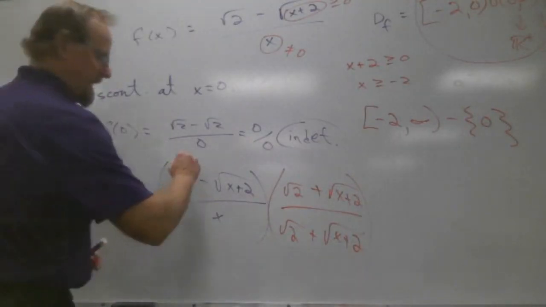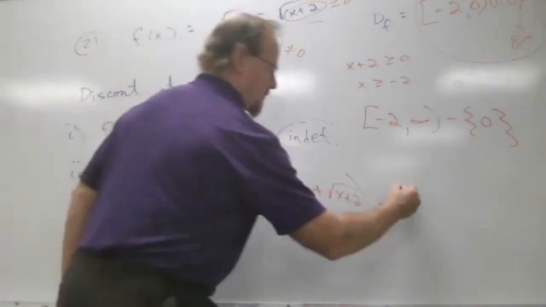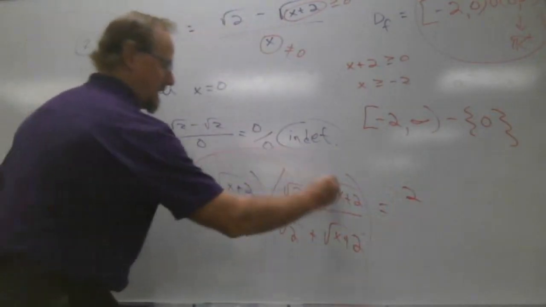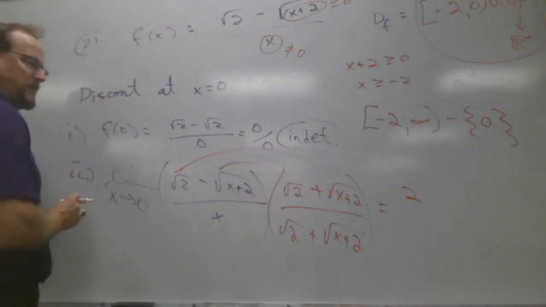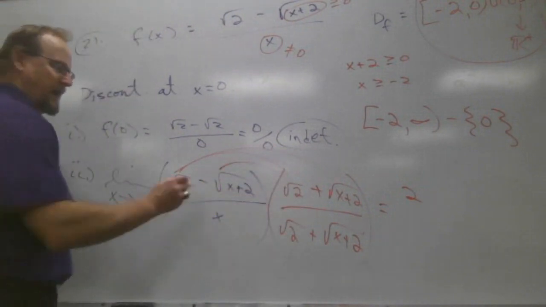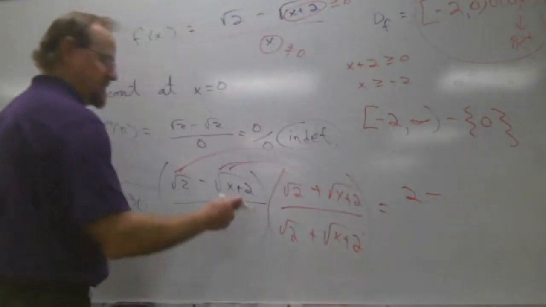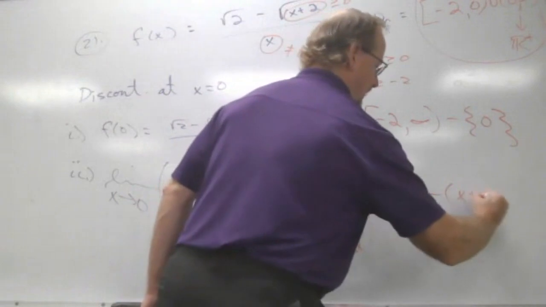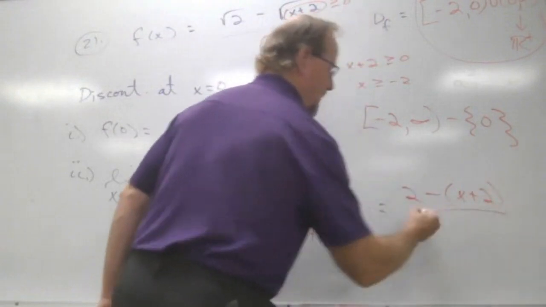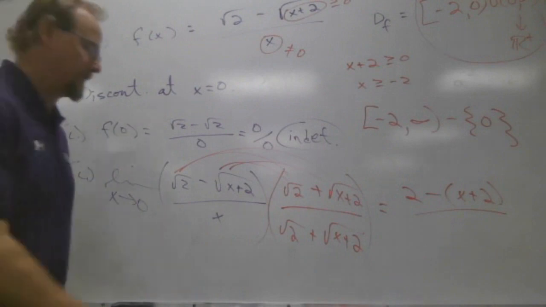And then when I do that on top, what do I get? Square root of 2 times square root of 2 is 2. And I get plus root 2 times root x plus 2 minus root 2 times root x plus 2, which goes away. The outer and inner cancel. And then plus times minus is minus, and root x plus 2 times root x plus 2 is the quantity x plus 2. So I'm going to put that in parentheses, because I'm going to subtract the whole thing.